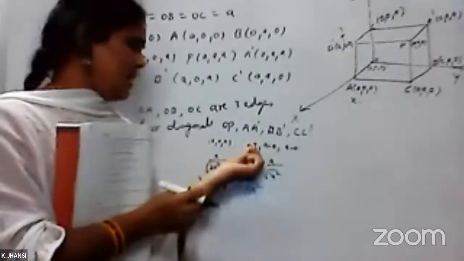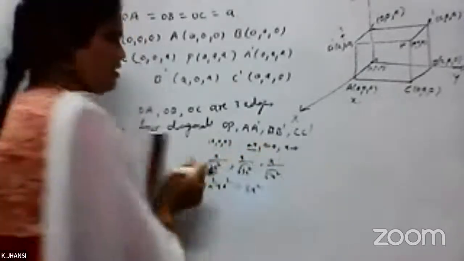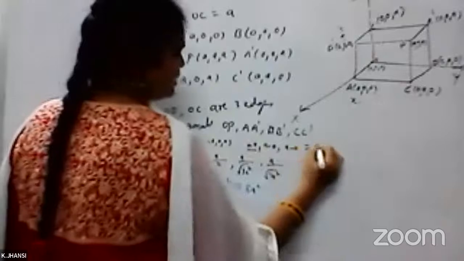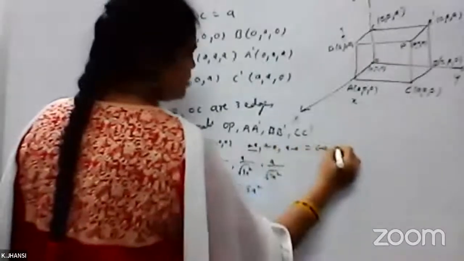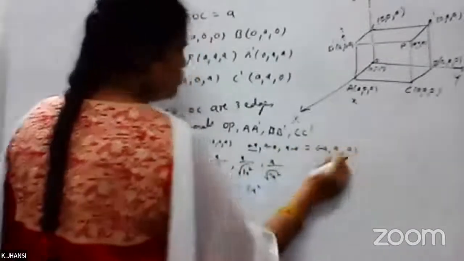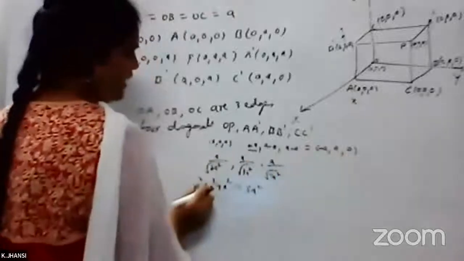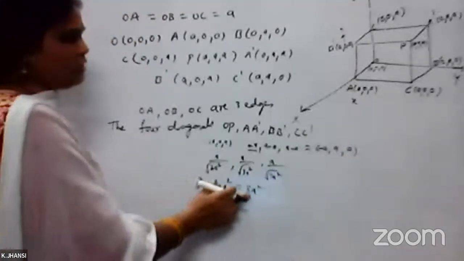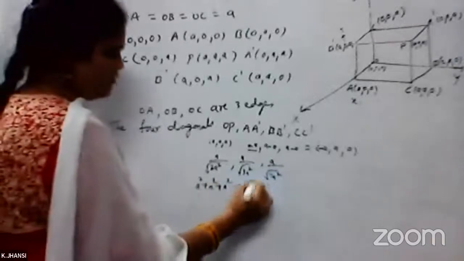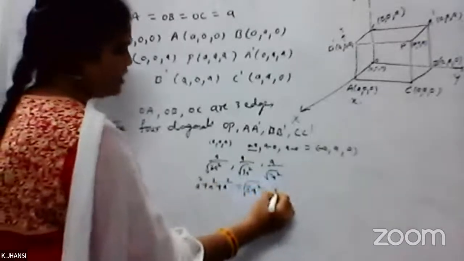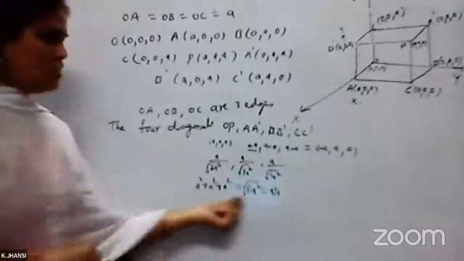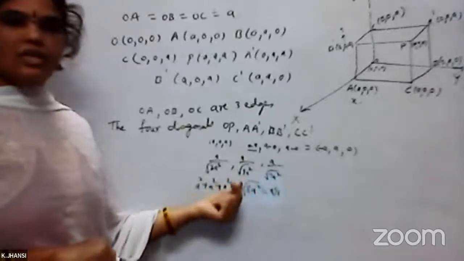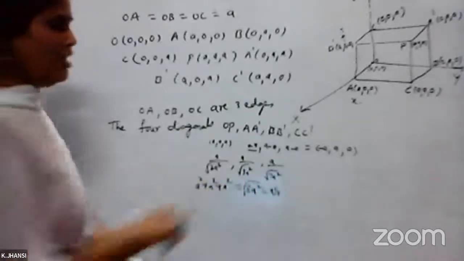So you will get here minus A. If you see the coordinates, it is minus A, A minus 0 is A, next A. When you do the square, you get the same. So A square plus A square plus A square is 3A square. If you put the root, you will get A root 3, since the square gets cancelled.